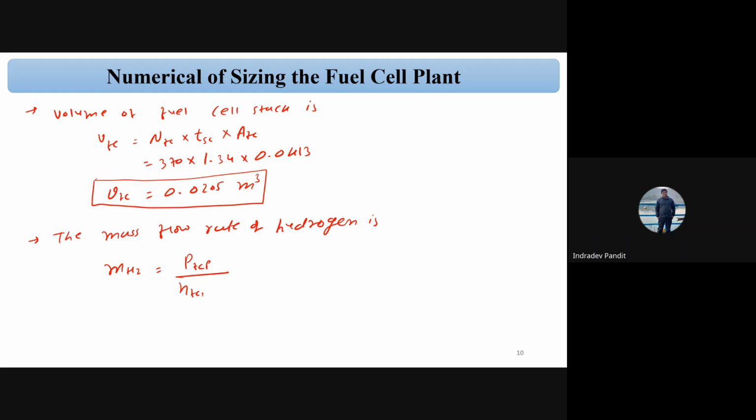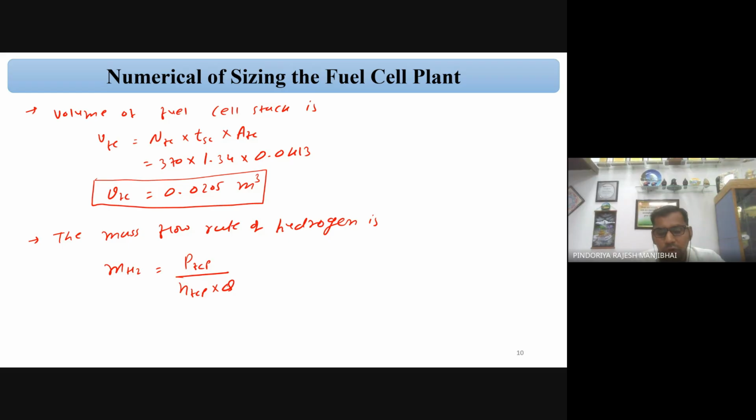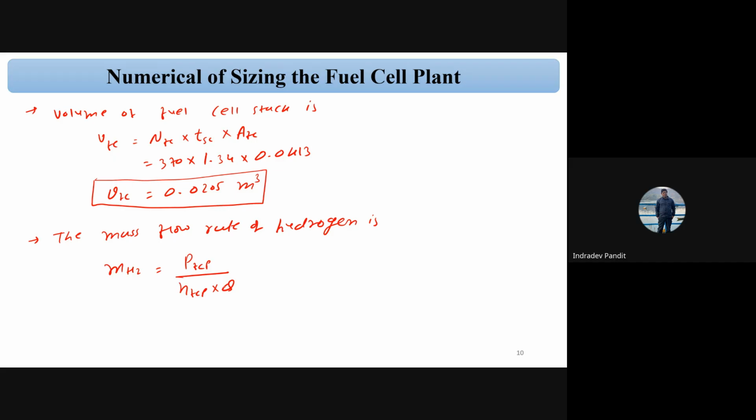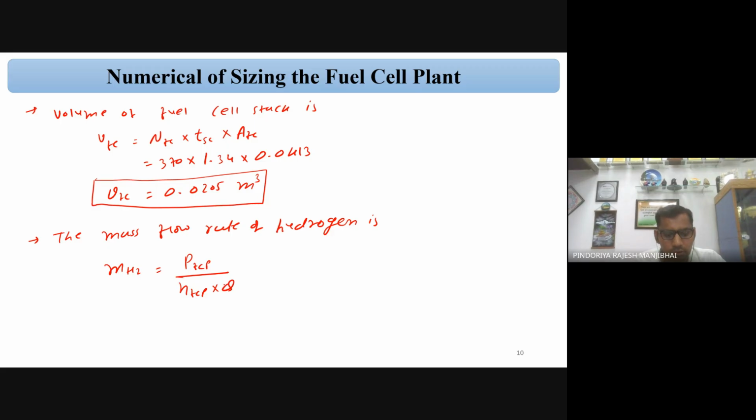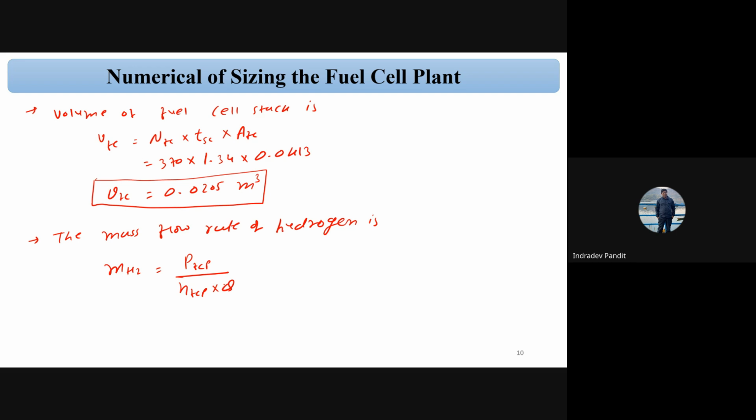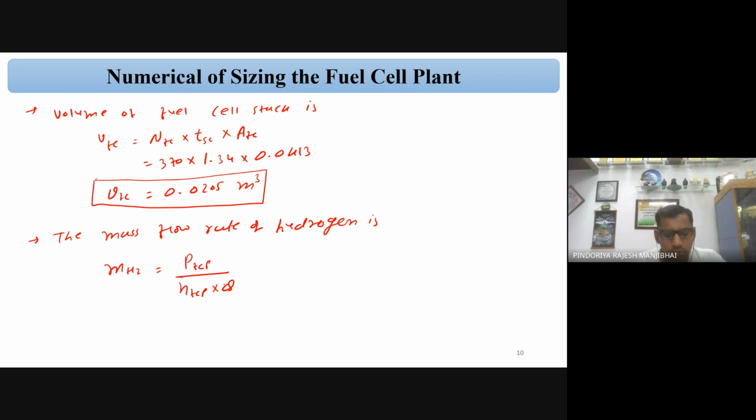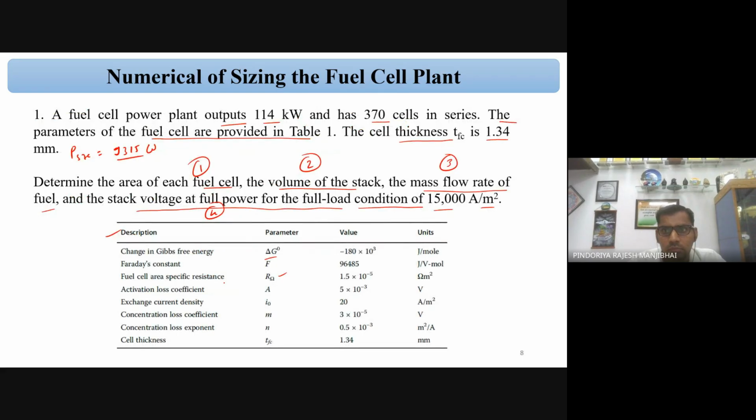Sir, 1.34 is in mm, then how can the volume be in meter cube? 1.34 mm is written there and 0.0205 meter cube here. Just 1 minute. So thickness we can measure like this, suppose this is the fuel cell.